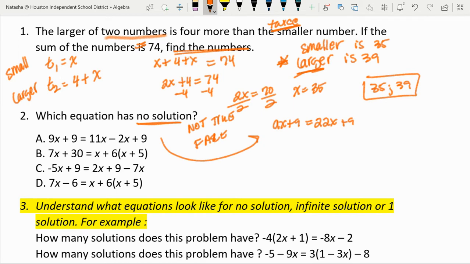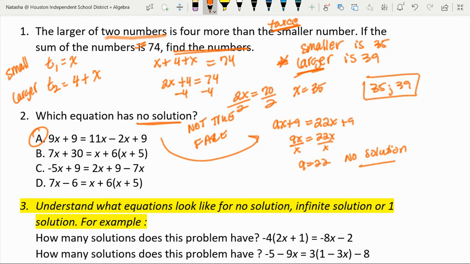The 9s are going to cancel out. That gives me 9x is equal to 22x. If I divide by x, that gives me 9 is equal to 22. That is my no solution. So A is my no solution.